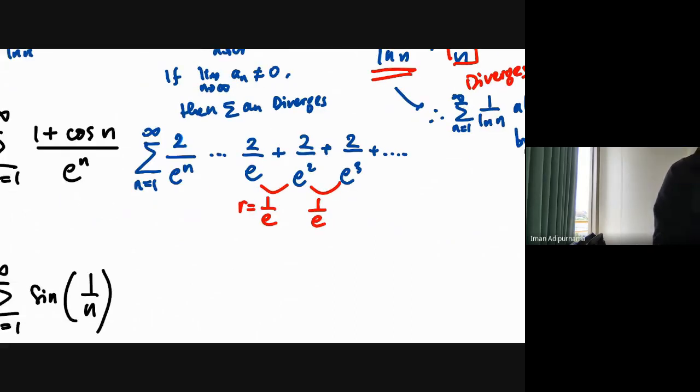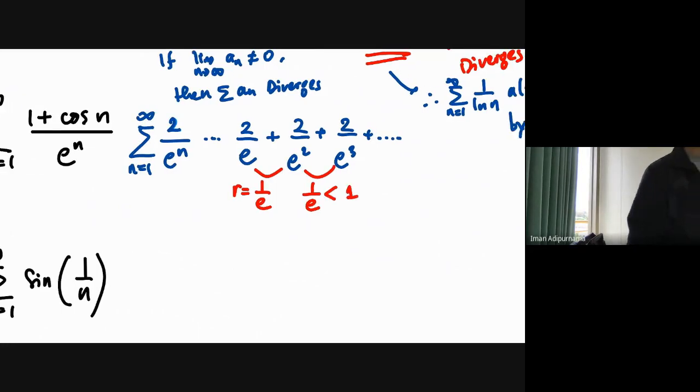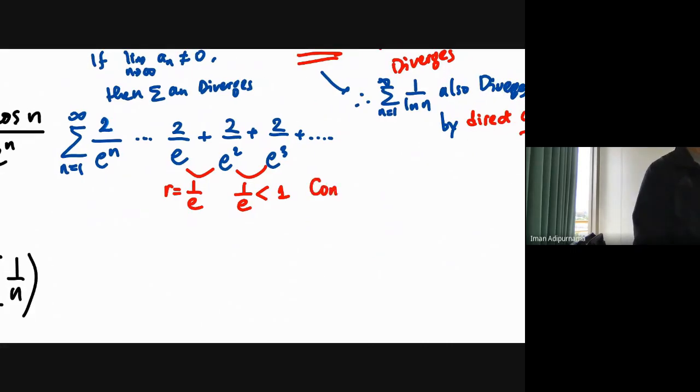And the ratio here, 1 over e, is less than 1, in which case in the geometric series we call this convergence. The series is convergent.